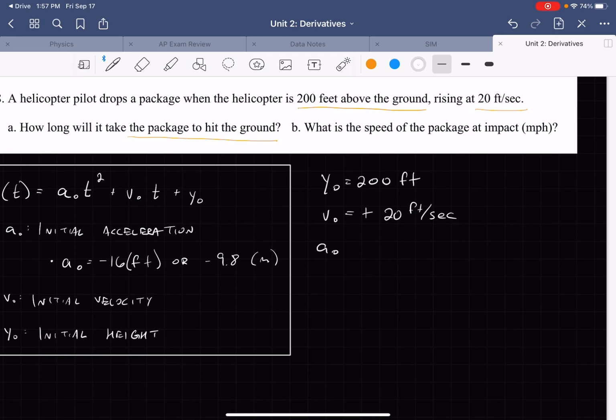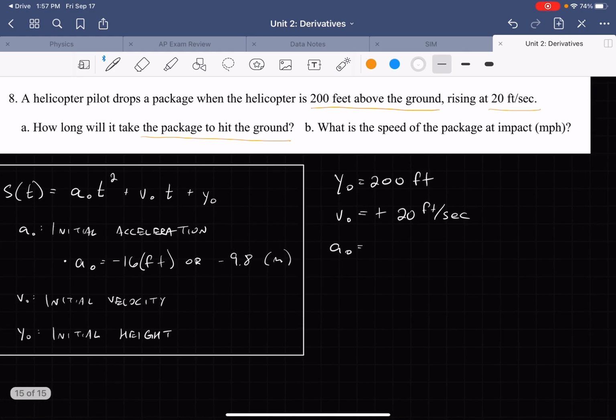And then we also have to know the acceleration. That's not told to us, but since we're in feet, we know that our acceleration will be -16. And the units for that would be feet per second squared.